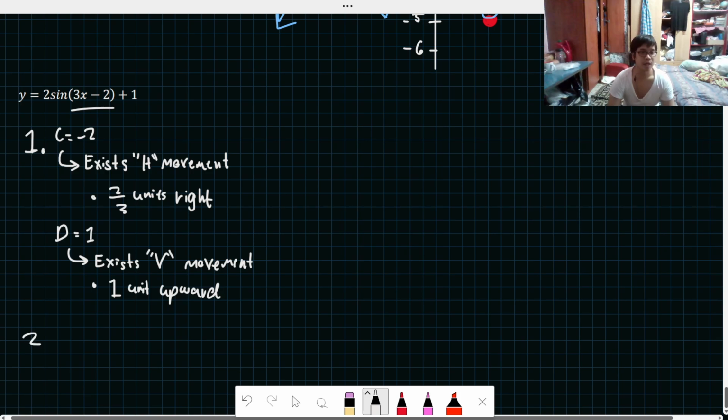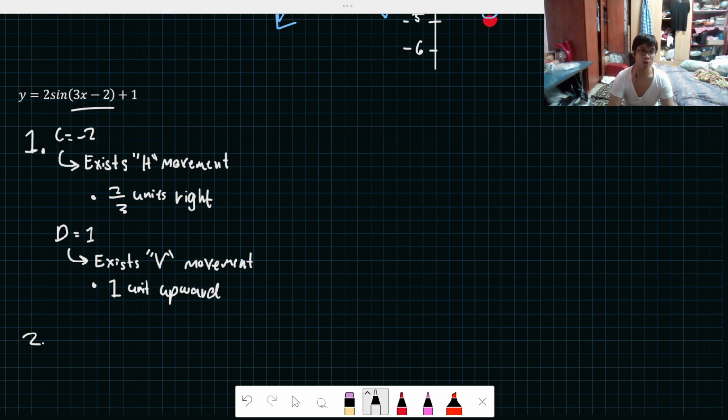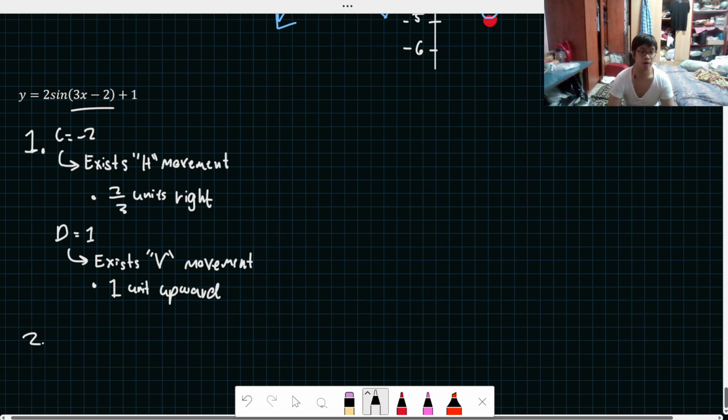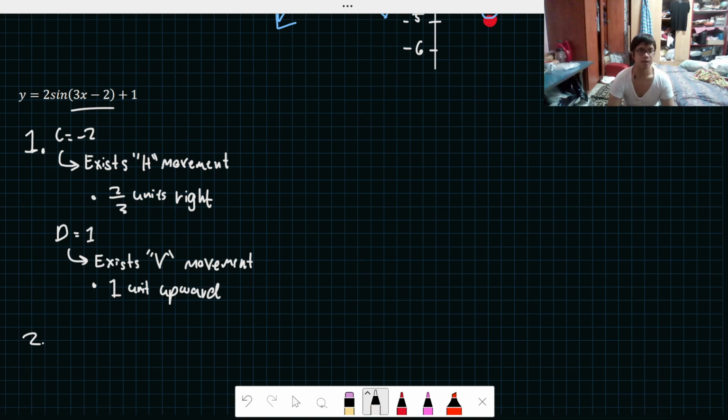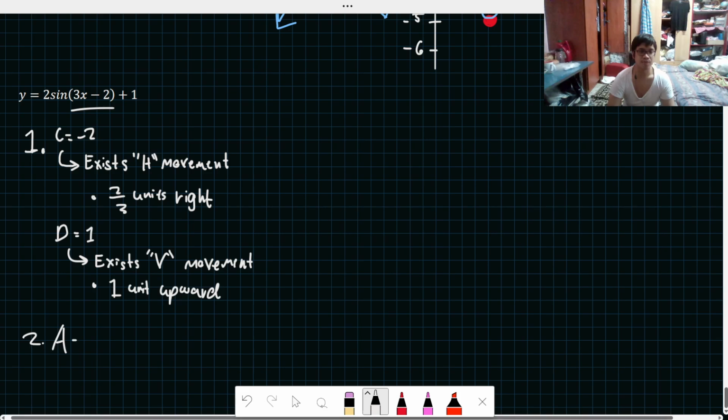Anyway, next we go to number 2. Let's find the amplitude and your period. In this case, your amplitude is easy. It's still 2 units. Just get the positive coefficient of your sine function. That is your amplitude.